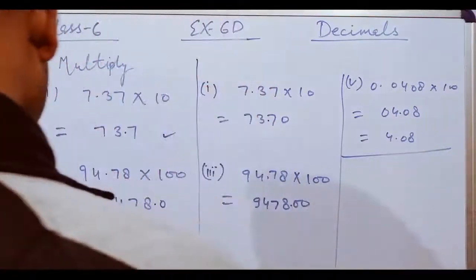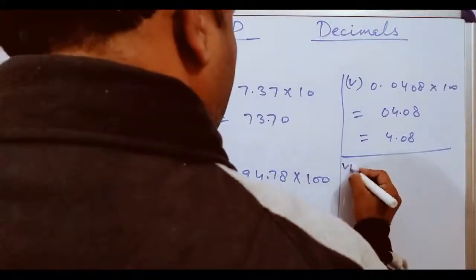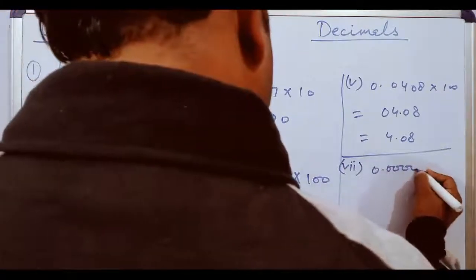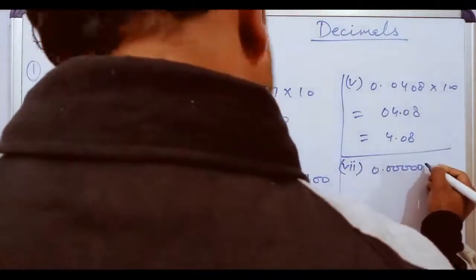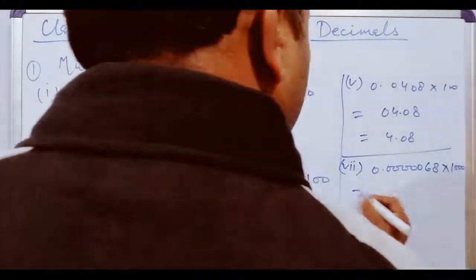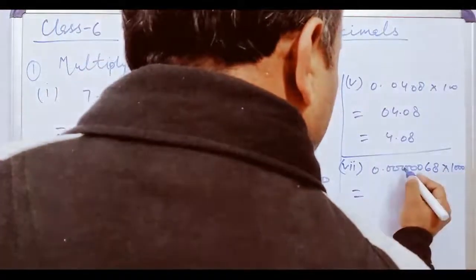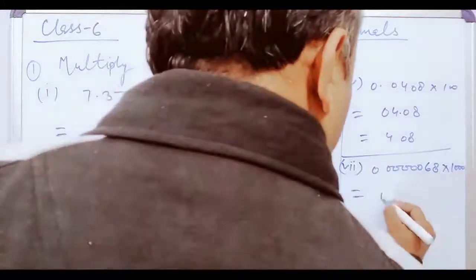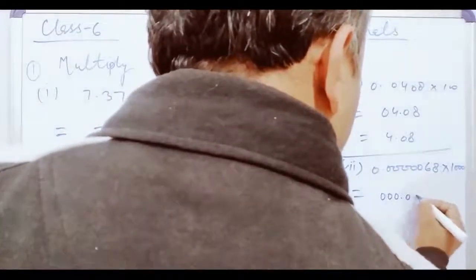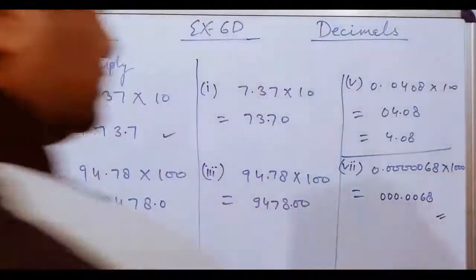Now part 7, 0.00005068 into 1000. So what to do here? 1, 2, 3, here we have to put the decimal. 1, 2, 3, here you have to put the decimal, 0.0068. Okay, this is the answer.